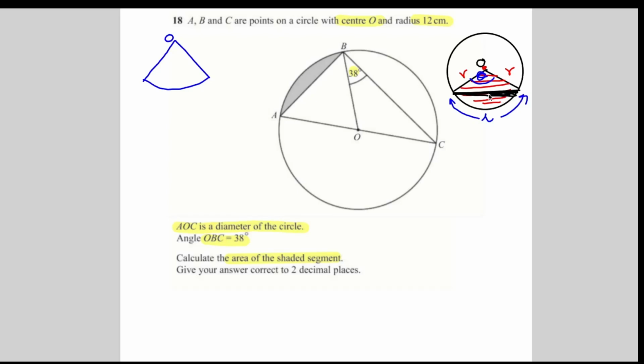When there is a chord, this chord divides this circle into 2 parts, and this part is known as a segment. So there is a segment like this. Here, this is also a segment. So this is a minor segment.